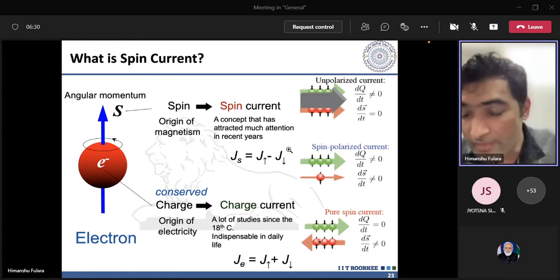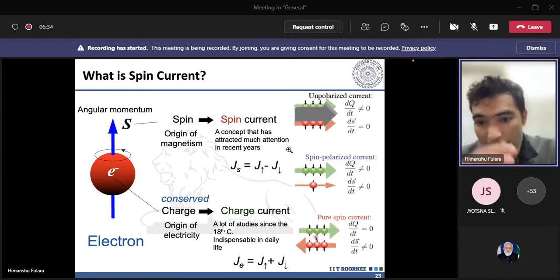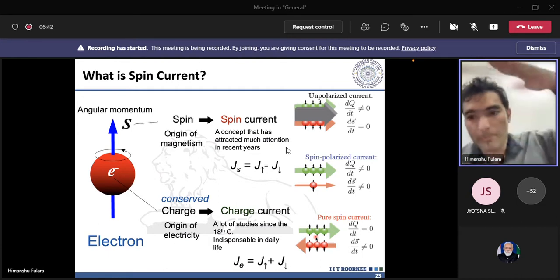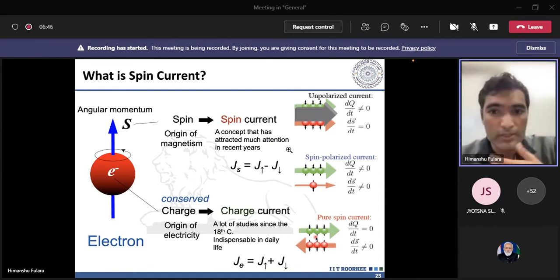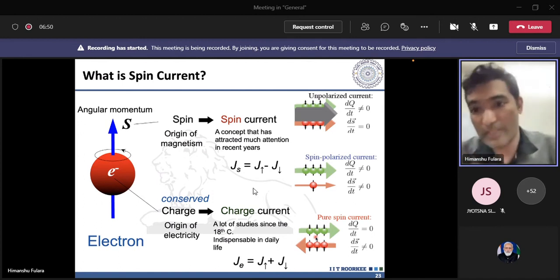And we can even totally disturb this balance by deflecting one type of spins perpendicular to the other type of spins. So we are not manipulating the spins, but we are manipulating the balance of the spins basically, right?